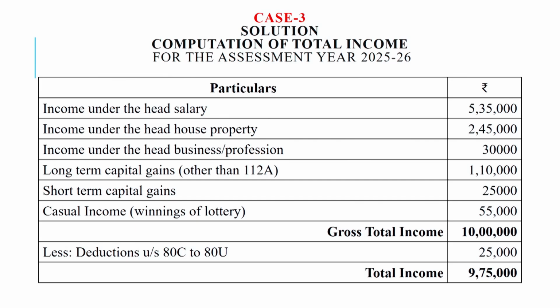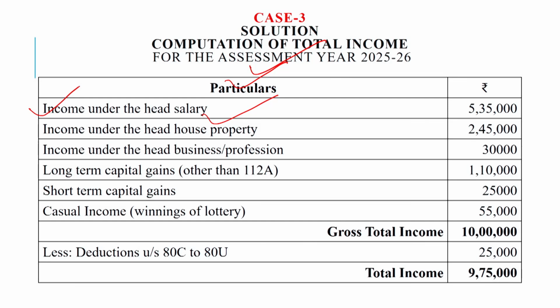Dear students, this slide represents the total income and gross total income of Mr. X. First of all, we should write computation of total income in the first line, Mr. X in the second line, and assessment year 2025-26 in the third line.